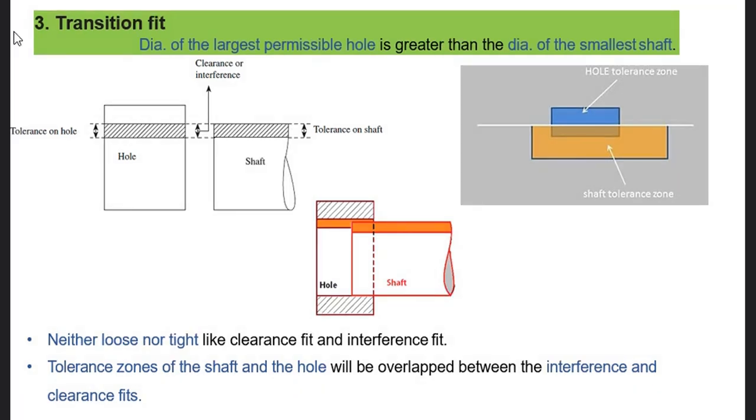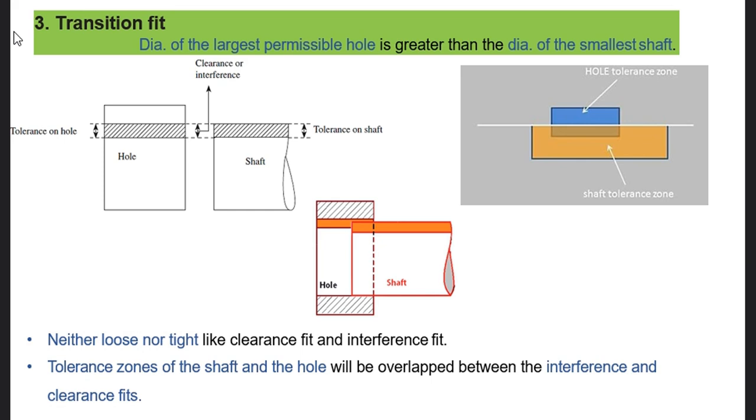Now the third type of fit is transition fit. Why are we calling it a transition fit? Because it is a kind of adjustable fit where the shaft size can be bigger than the hole size, or the shaft size can be smaller than the hole size. That means you can swing between clearance fit and interference fit.